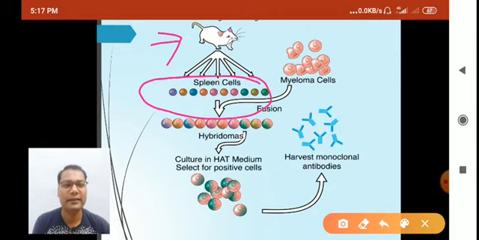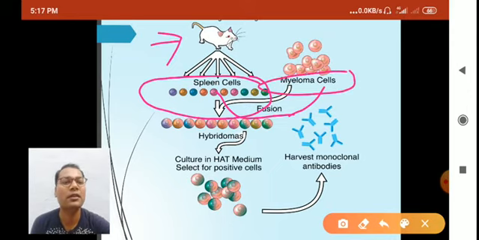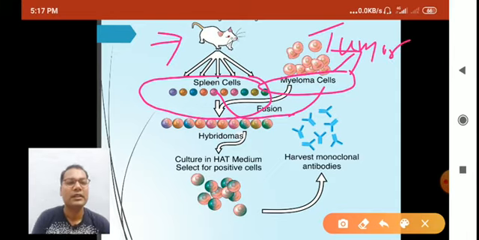Then we extract the spleen cells of that mouse and fuse them with myeloma cells. Myeloma cells are basically tumor cells.